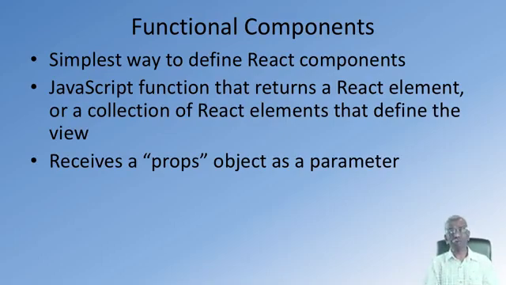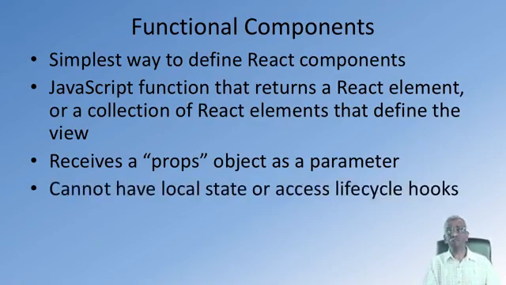Within the props, all the attributes that we define for the component become available within our component, and we can make use of them when we render the views. But the only restriction is that functional components cannot have any local state and cannot have access to the lifecycle hooks that we will talk about later.